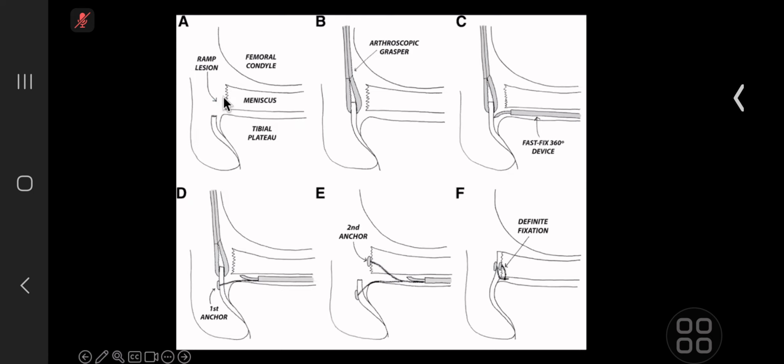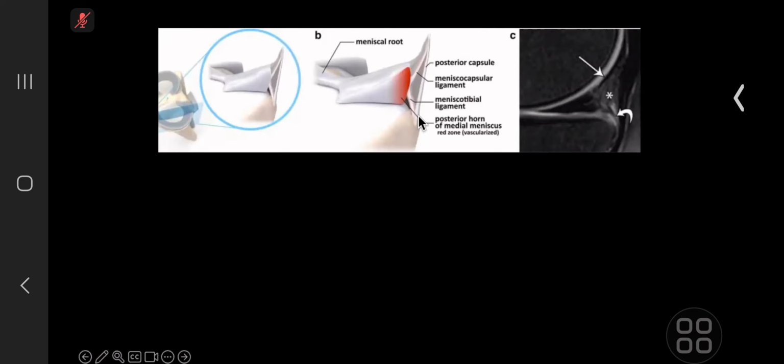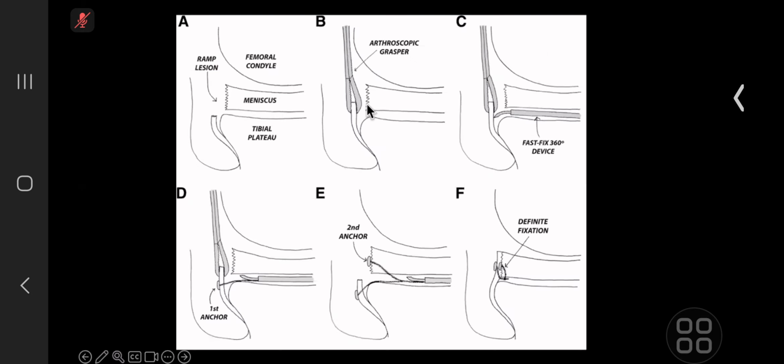So that's the torn meniscus, especially at the attachment, or the so-called ramp lesion. So this entire thing is called ramp lesions. Through arthroscopic guidance, they pull the meniscocapsular ligament and meniscotibial ligament that I have just showed you, and then they attach it along with the menisci and put a small stitch here.